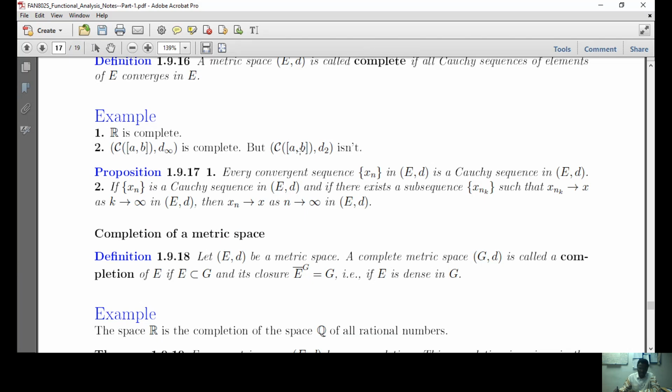So if I'm here for 2 functions, D2 of F1 like this, what is it?